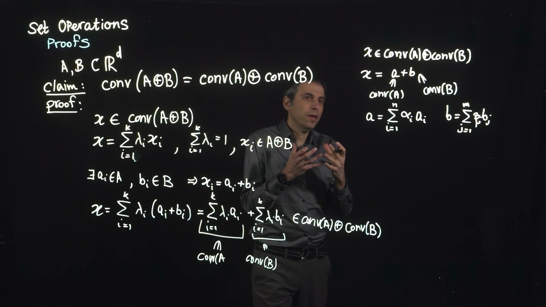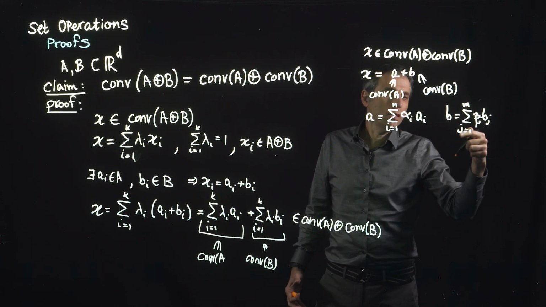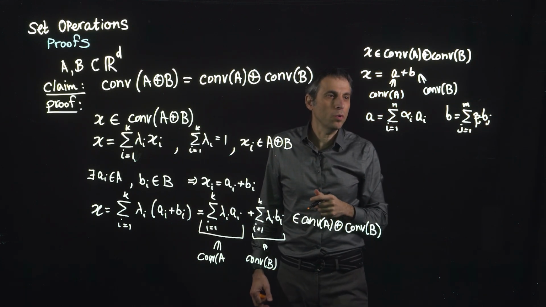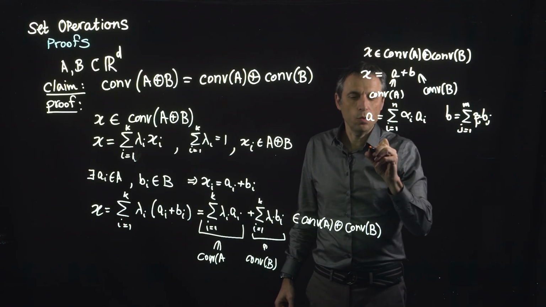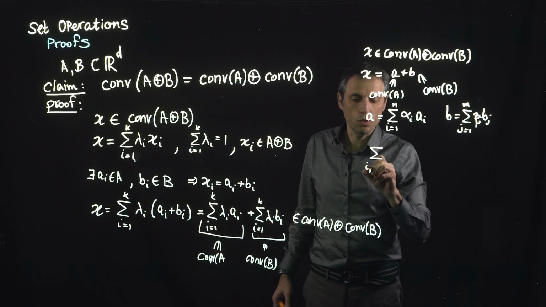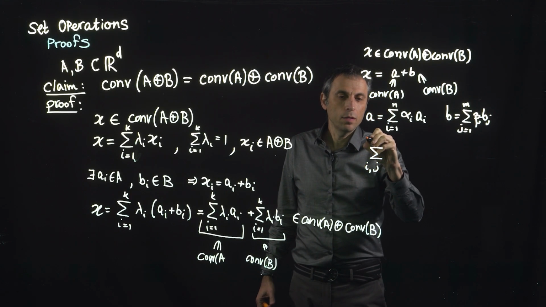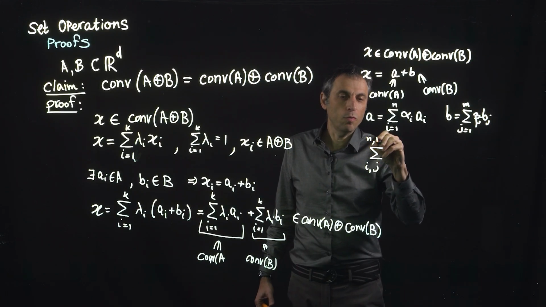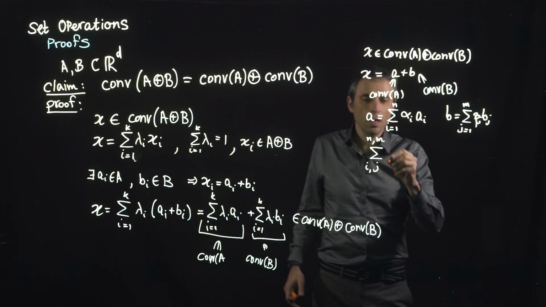Now, here the sum runs from 1 to n, here it runs from 1 to m. What do I do with that? I can look at a situation where I'm summing over all i and j, where i goes from 1 to n and j goes from 1 to m. This is kind of a shortcut, it should be a double summation.